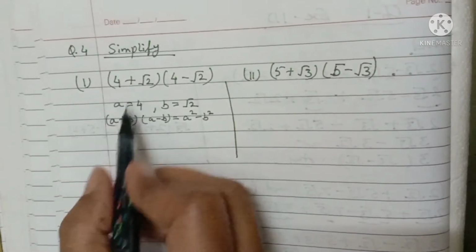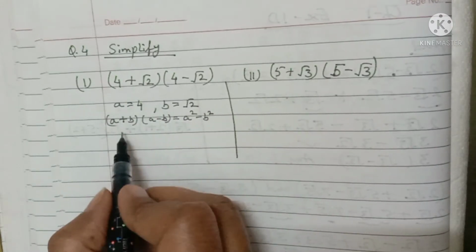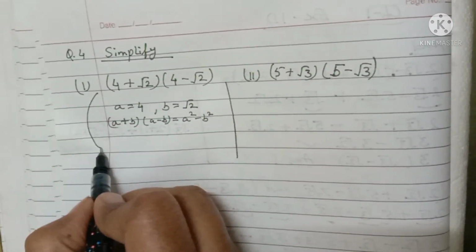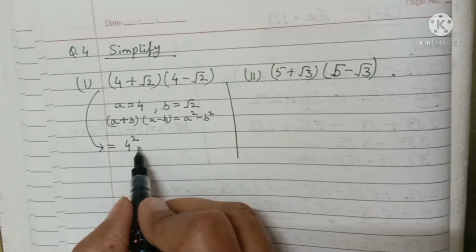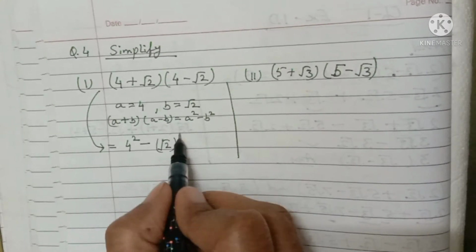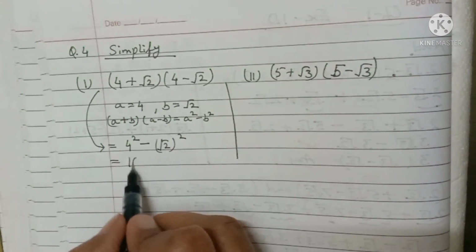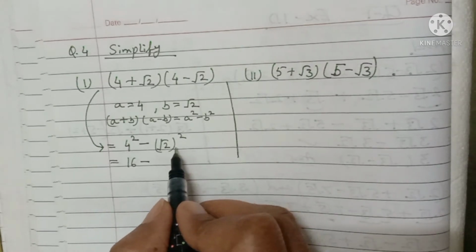Now this is a plus b and a minus b. A square means here this becomes 4 square minus b square, under root 2 square. 4 4s are 16 minus under root 2 square means 2.